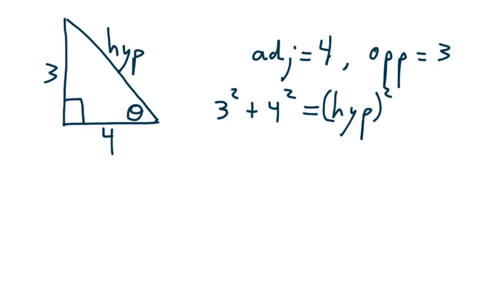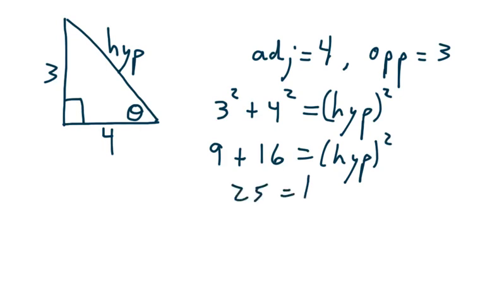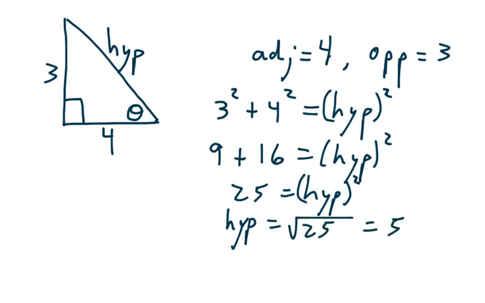So we have 9 plus 16 is equal to the hypotenuse squared. So 25 is equal to the hypotenuse squared. So what does that tell us? That tells us the hypotenuse is going to be the square root of 25, which we know is 5.